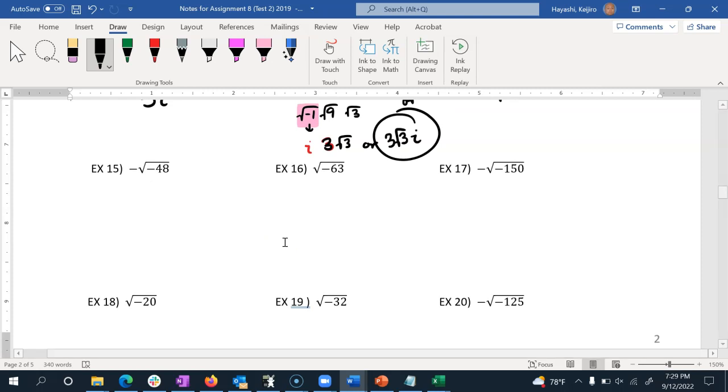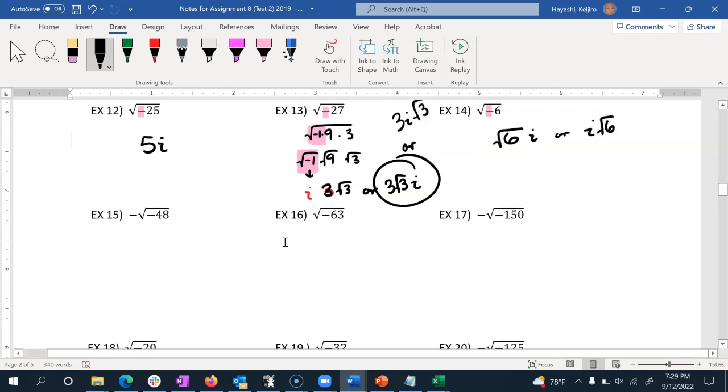Past that, a lot of these are going to be the same as the ones before, just with the addition of i. So what if it has a negative outside and a negative inside? Does that make it a positive? No, the negative inside and the negative outside serve different purposes. The negative inside, as we've been seeing, will result in what? An i.